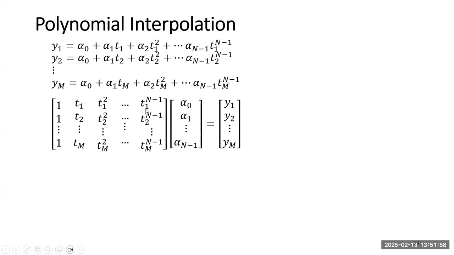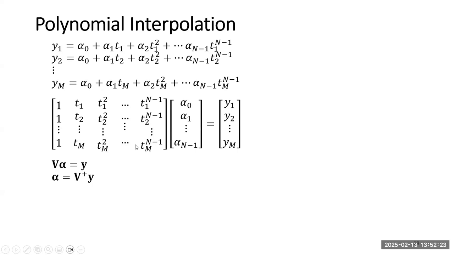So this reduces to V alpha equals Y. V is called the Vandermonde matrix. This is very commonly used in lab experiments like this. This is the format of a Vandermonde matrix.